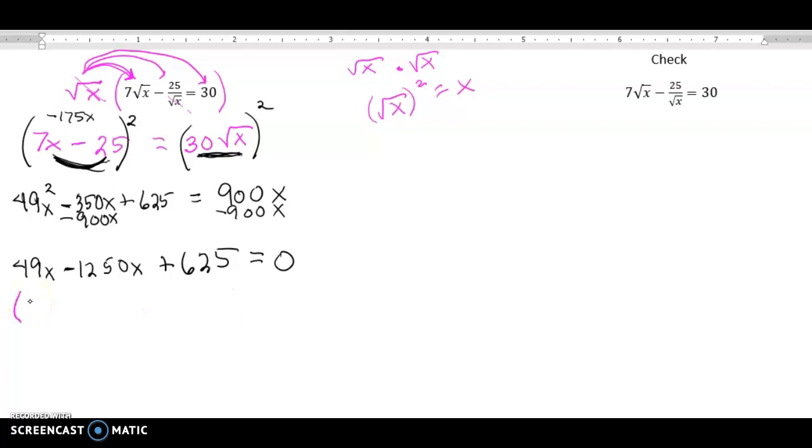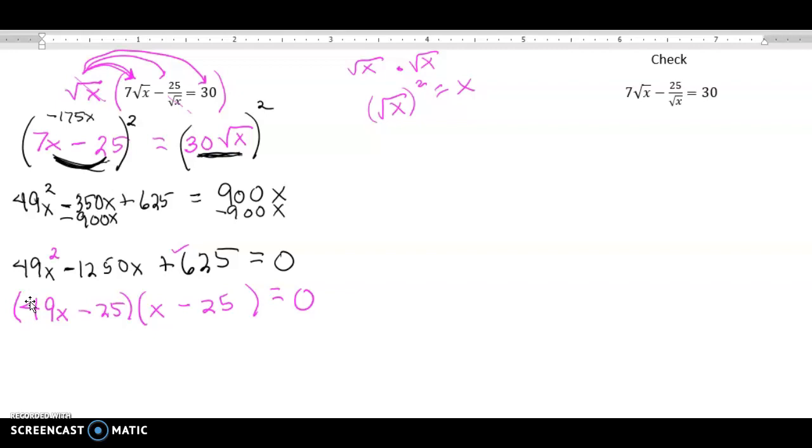All right, we want to factor this trinomial. I took a quick break and I figured it was 49x. Oh, and this should be a squared. I missed that squared. 49x times 1x gives us 49x squared. And 625, I broke that into negative 25 times negative 25 gives you positive 625.